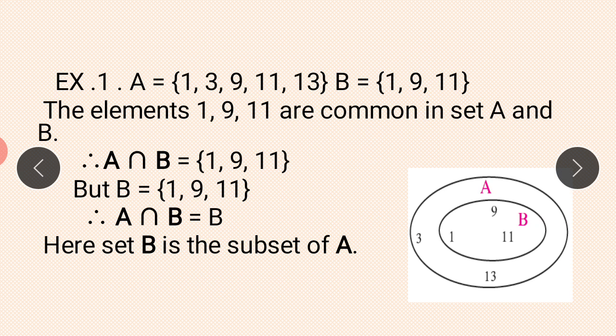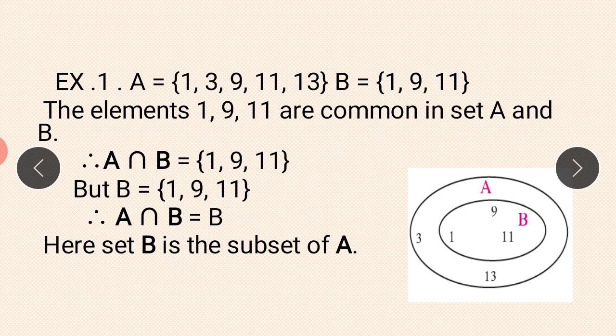See here one example. Set A is equal to curly bracket 1, 3, 9, 11 and 13 curly bracket complete. B is equal to curly bracket 1, 9, 11 curly bracket complete. Two sets, set A and set B are given. The elements which are common: 1, 9 and 11.